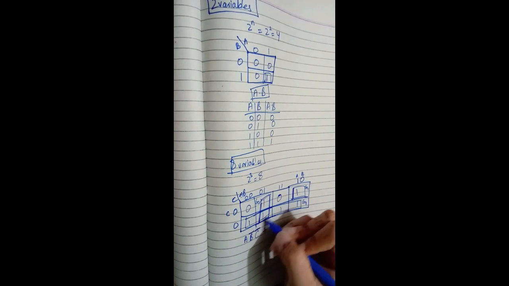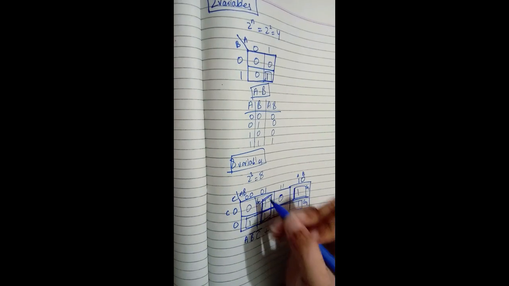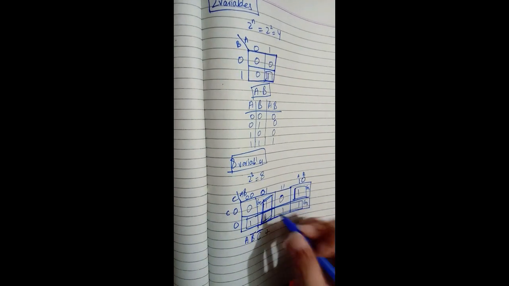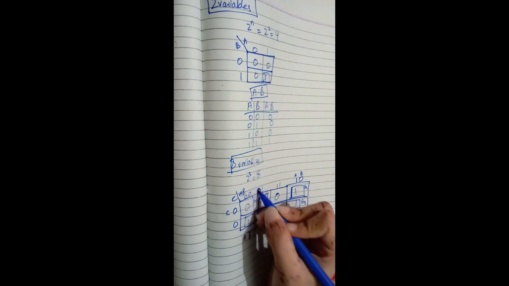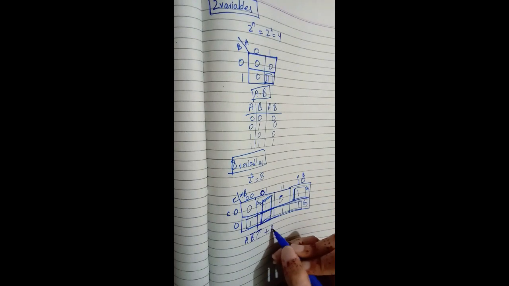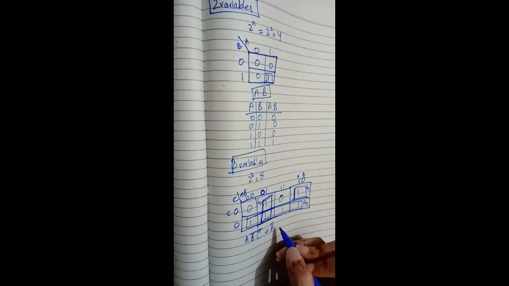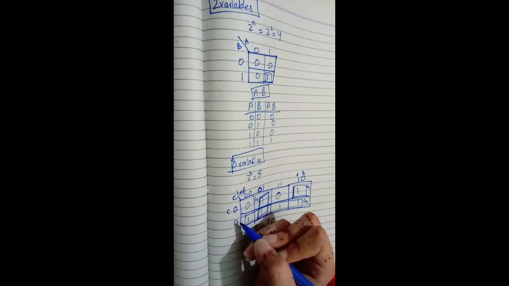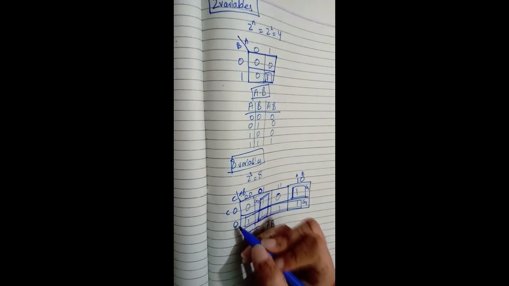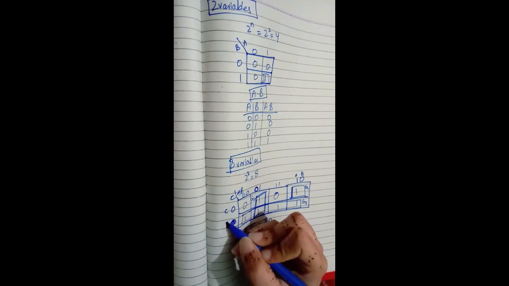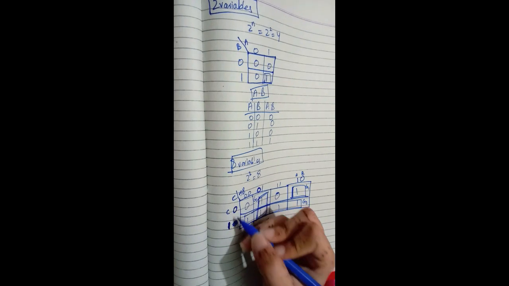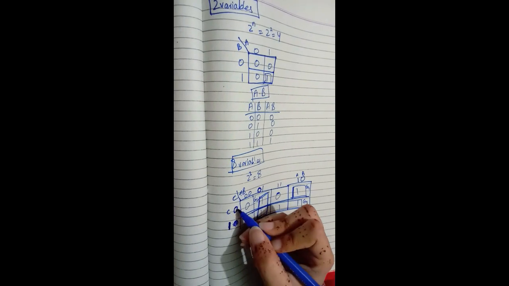In group 2, see it carefully, this is very important. A is 0, so it says A bar. B is 1, so B. And in C we have 0 and 1, it's changing.